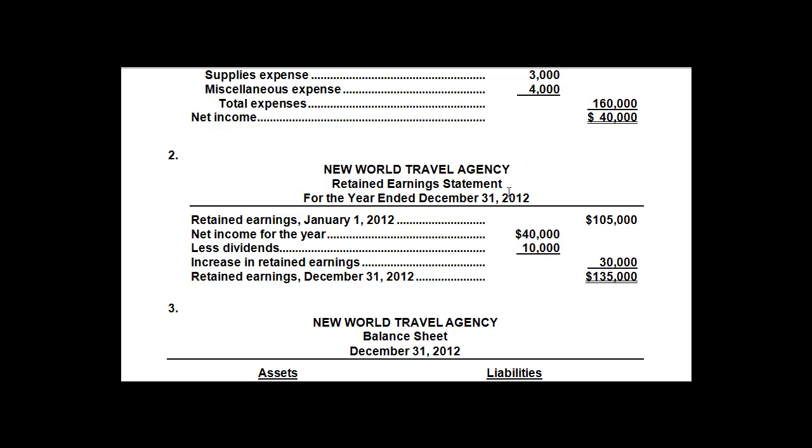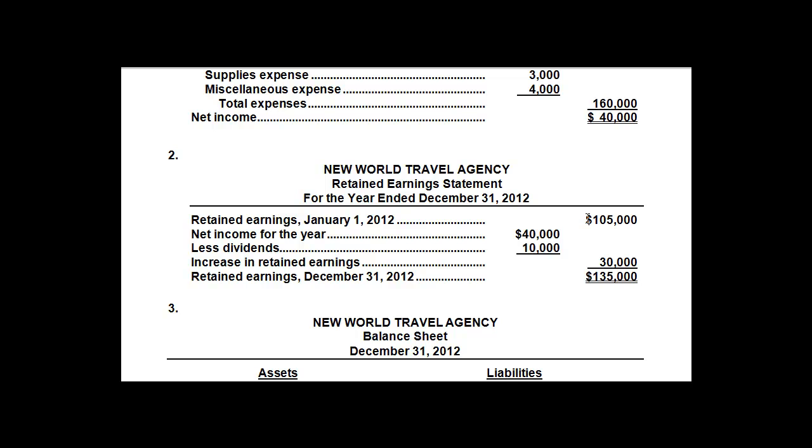So this is also covering a period of time. We have the name, we have the title of the financial statement, and remember it told us that we started out with $105,000 of retained earnings. So this is essentially net income from prior periods. It's the increase in equity that we had from activities in prior periods.